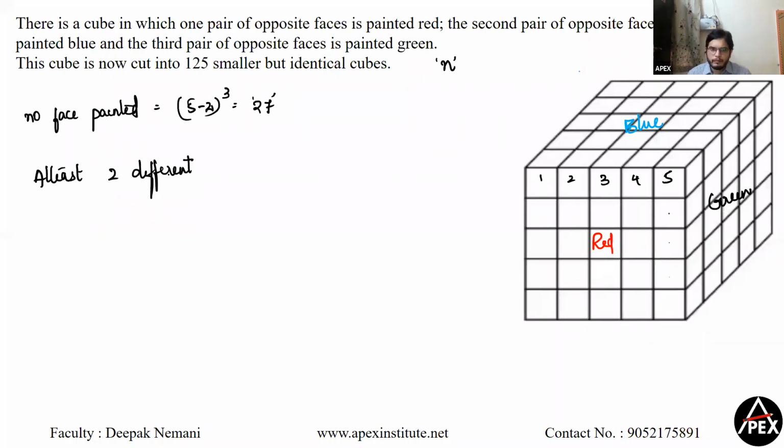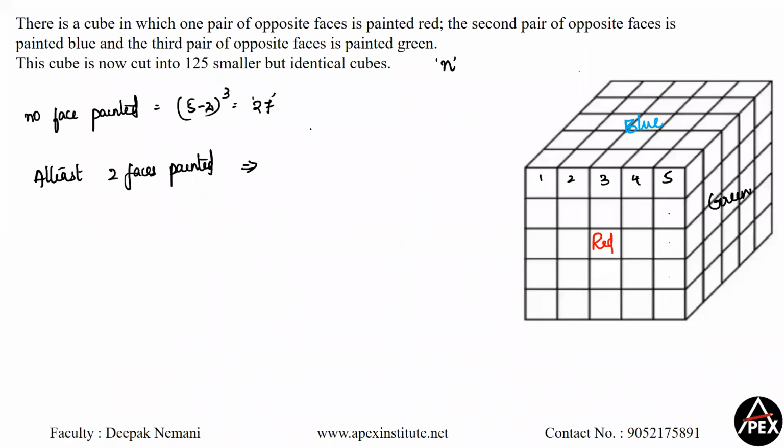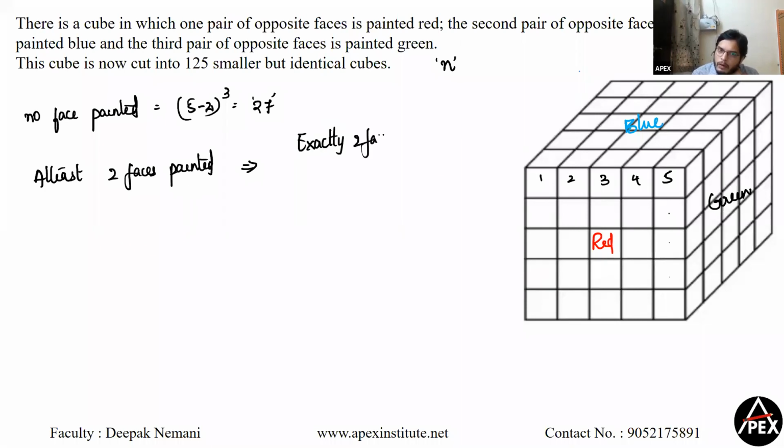Now for at least 2 faces painted, what are the cubes that we have to consider? Cubes with exactly 2 faces painted plus cubes with exactly 3 faces painted. And we are not bothered about the color here; it can be of any color.